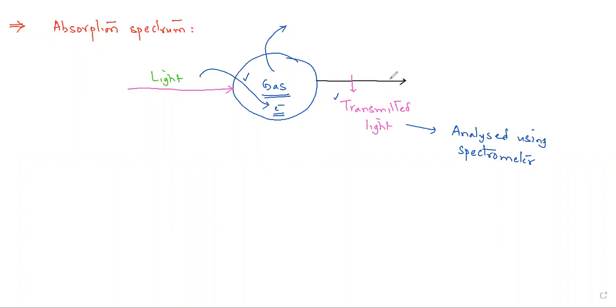because, hope you all can imagine, you have sent light having different wavelengths. Some of the radiations having particular wavelengths have been absorbed by the electrons. Now they'll be missing in this, isn't it?